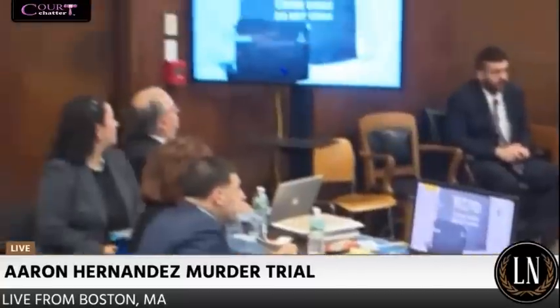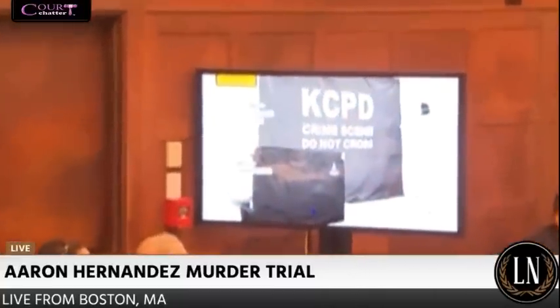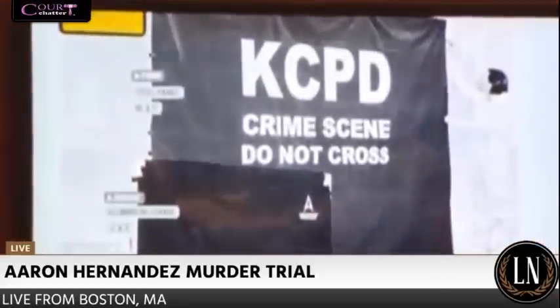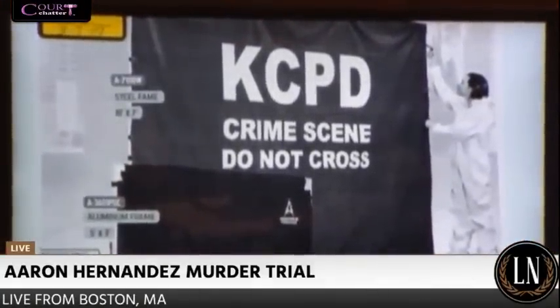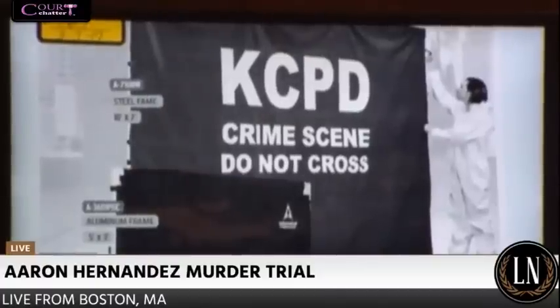Sir, that is, as you testified, a crime scene barrier screen, correct? Yes. Okay. And you see they come in different sizes? Yes. And this is also something that is commonly used at crime scenes? Relatively commonly, yes. Okay.